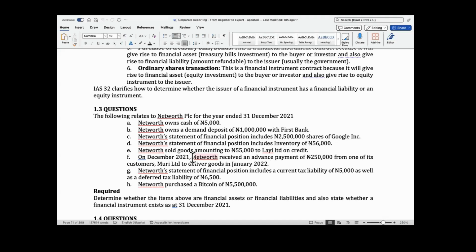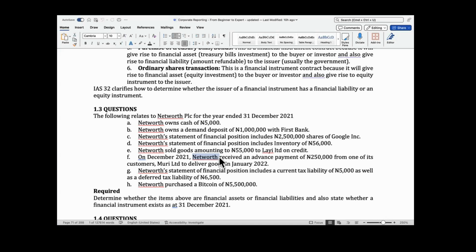Now, it's not even a prepayment as far as Networth is concerned. Networth actually collected the money in advance. A prepayment would be from the standpoint of Mori, who was the one that paid in advance. From the standpoint of Networth, it received the payment in advance.